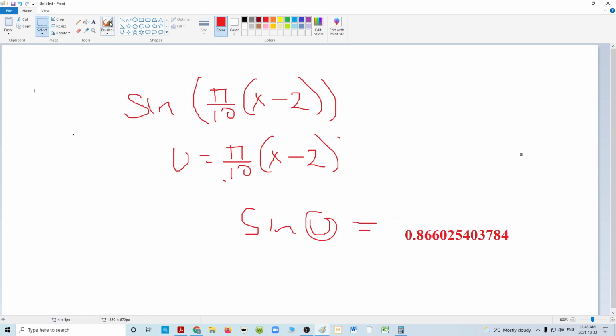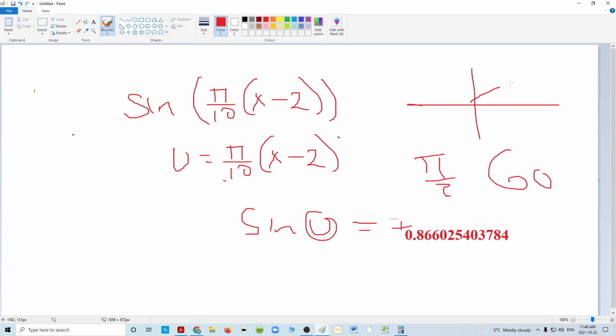So when we solve for u, again, we find out it's 60 degrees, or pi over 3. And we also discover, because it's positive, it's that other one over here in quadrant 2, 2 pi over 3. It's both those angles. Great, we've discovered our angles.